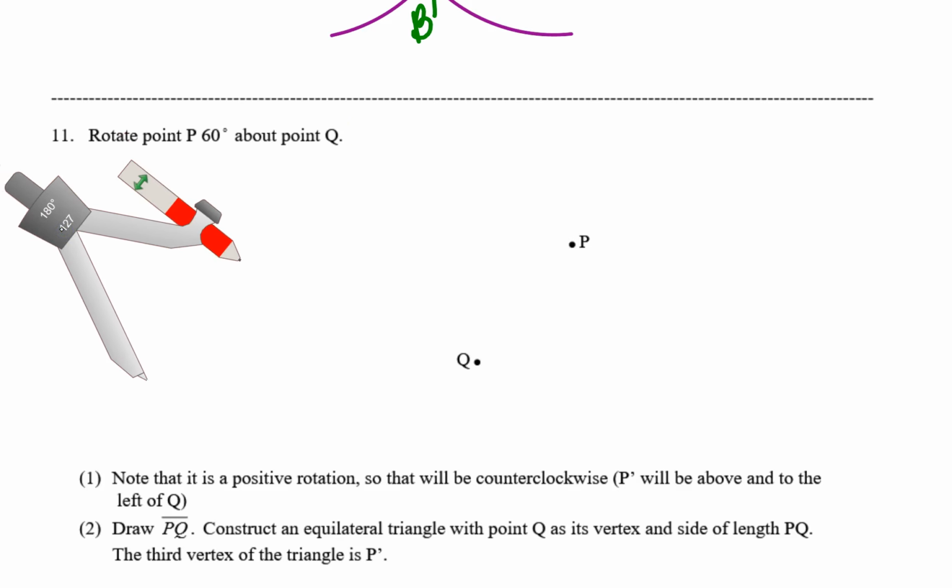Okay, if I want to rotate a point P 60 degrees about point Q, 60 degrees is a positive angle, or positive rotation. So that means my point P is going to go in the counterclockwise direction. In order to do this construction, the first thing I'm going to do is construct the line PQ.